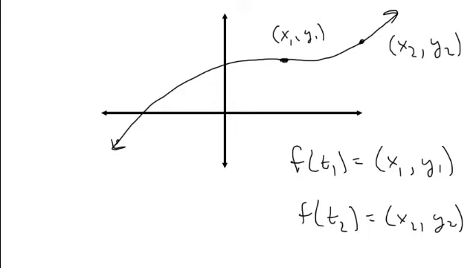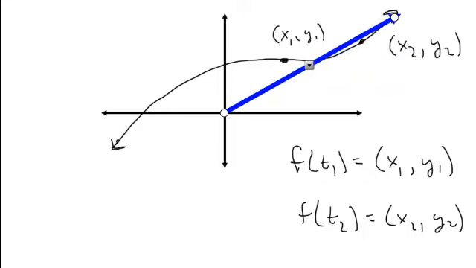So when t equals t1, we have some vector x1, y1, which we can represent by that particular vector. And then at t2, the vector points to x2, y2. So you think of these vectors as all defined by t, and as t changes, the tip of the vector traces out the curve.